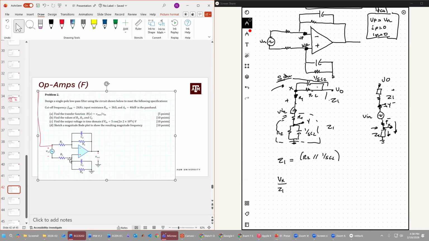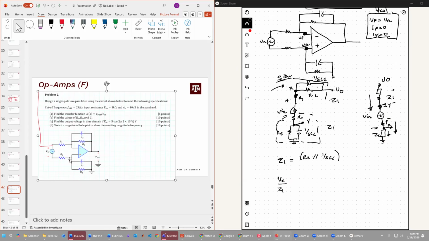This will be equal to the current flowing through this branch. And so that's the first Vx, actually. Yeah, Vx is equal to this.